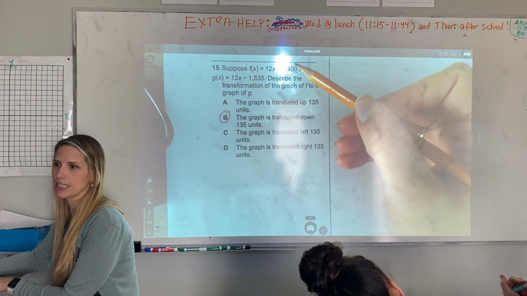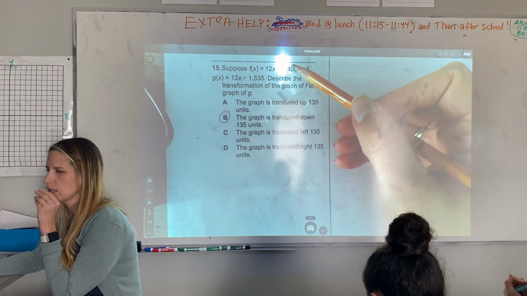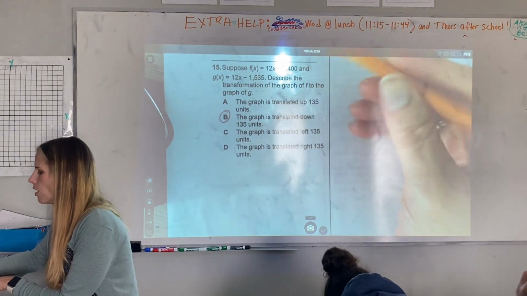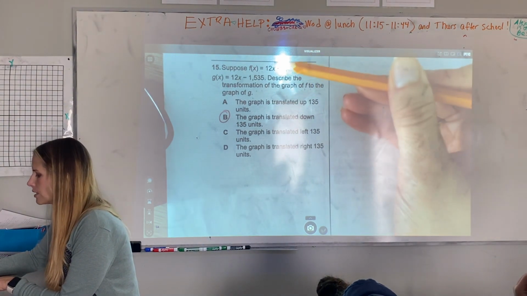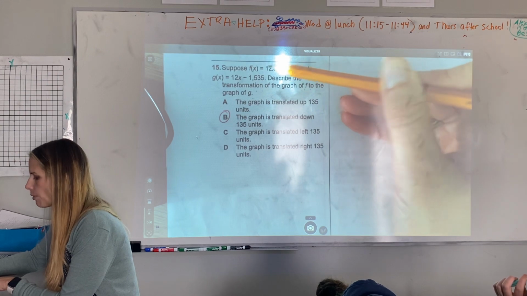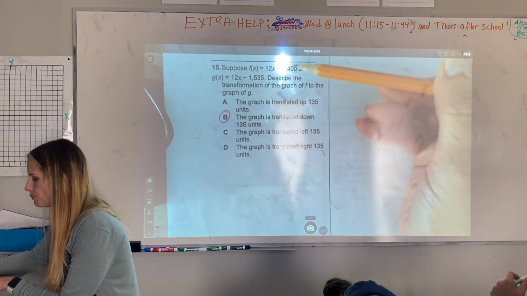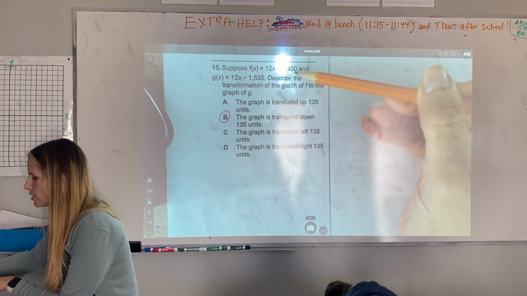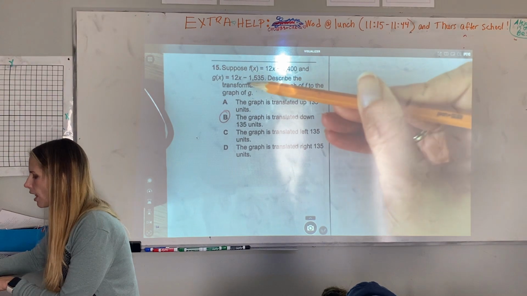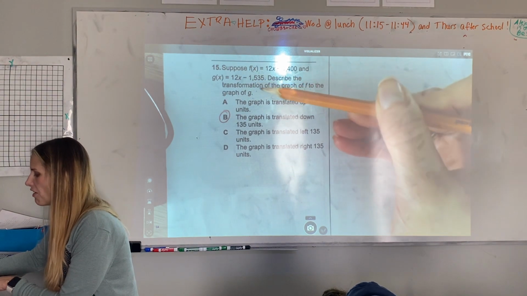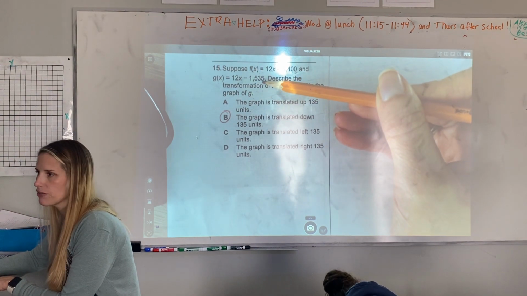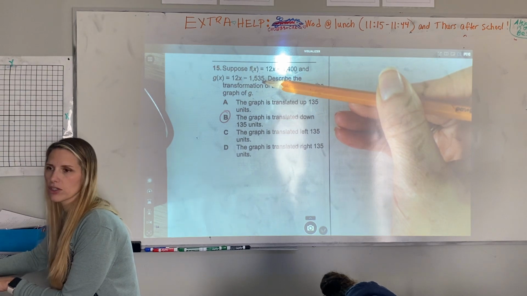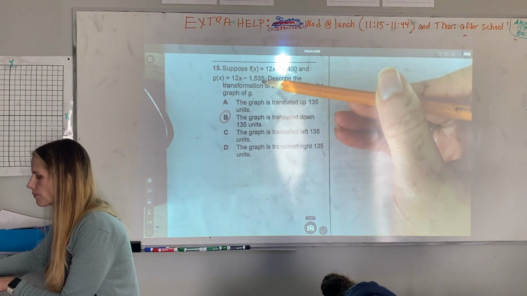So what we learned is that, and I made sure to make the question on the actual exam very similar to this one, there are a few different things that we learned about this. But we noticed that the slope is the same, our x term is the same, right? Now, if this is our y-intercept and it's at negative 1400, but this line has a y-intercept of negative 1535, think of what that looks like on the y-axis.